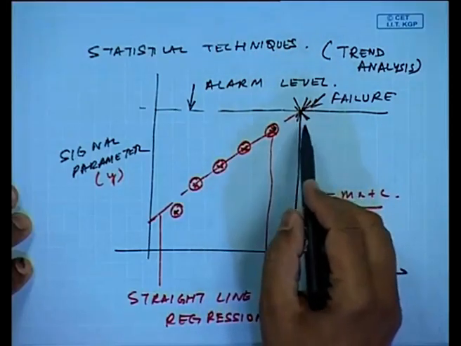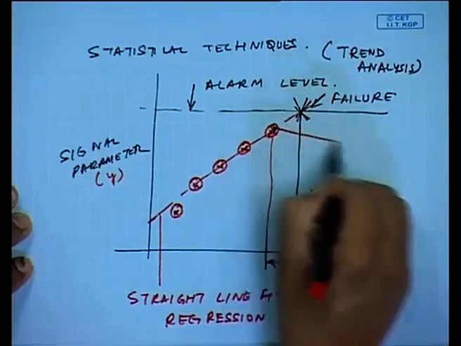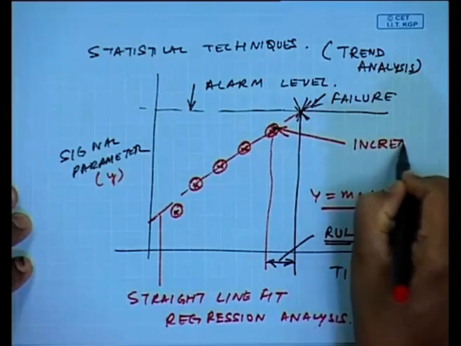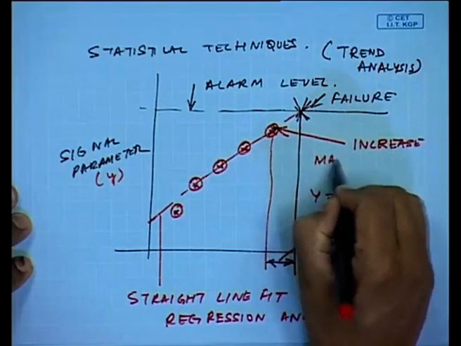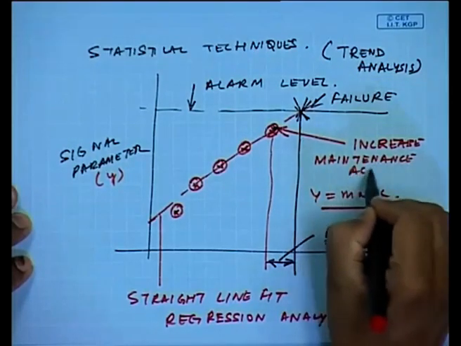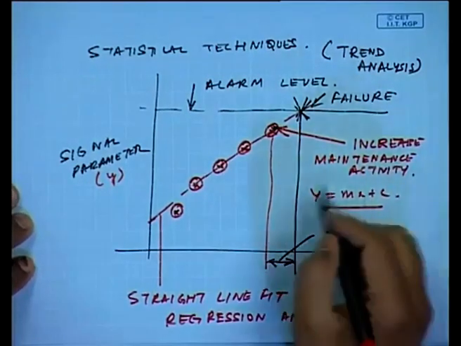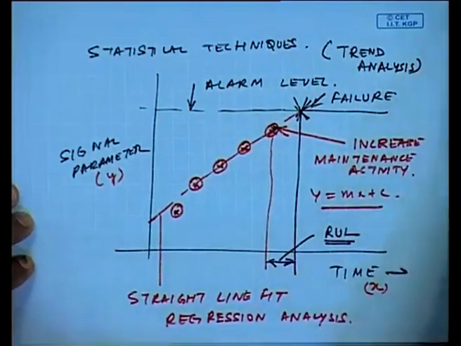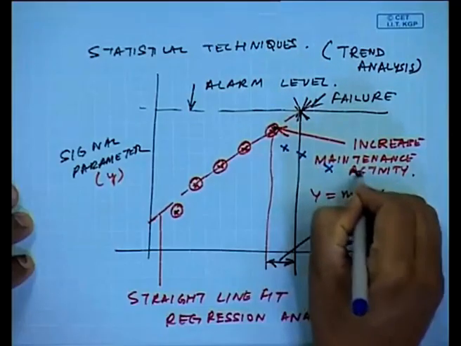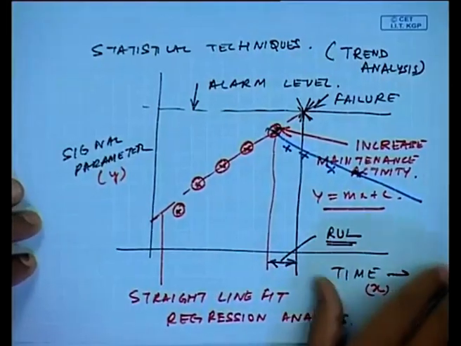Because of this trend, I could perhaps increase my maintenance activities such that I can reduce the failure, and subsequently maybe these levels could come down, and with time you can take corrective measures. Okay.